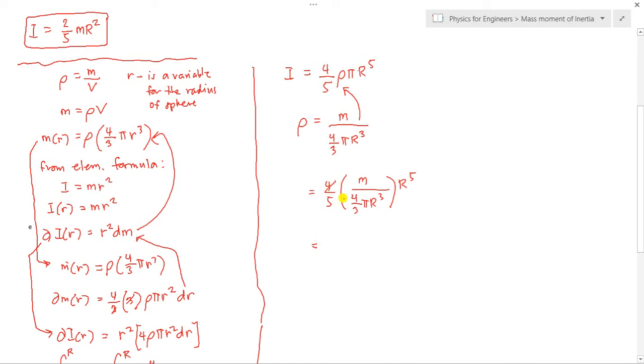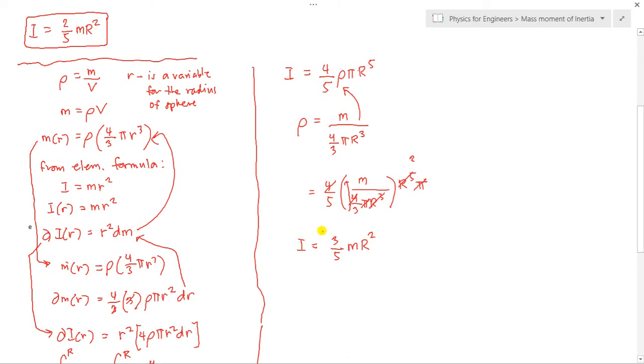Then the 4 cancels, then pi also cancels, r cubed and r to the 5th leaves r squared, then the 3 goes on top, so that is 3/5 m r squared. So that is the moment of inertia.